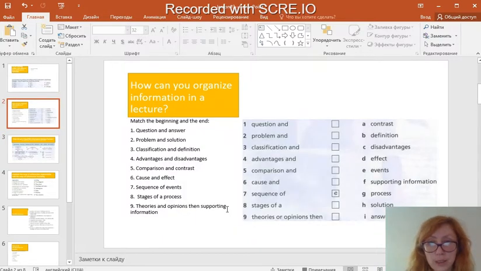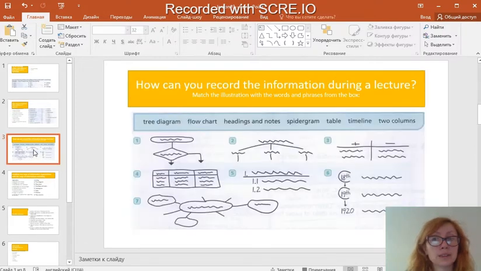And the student, you, listens to this information, perceives it, and probably you are supposed to make some notes. That would be great because you need that information to refer to again. So there are possible ways to record information during a lecture.